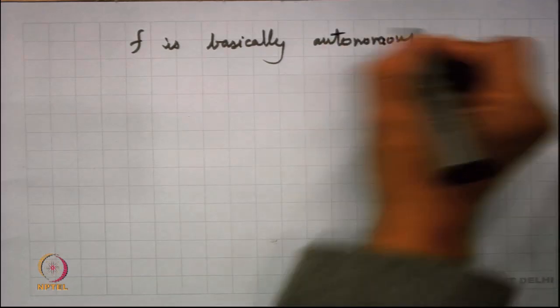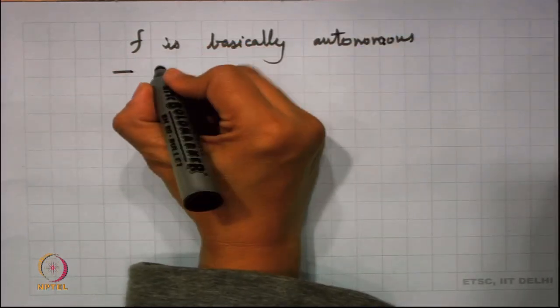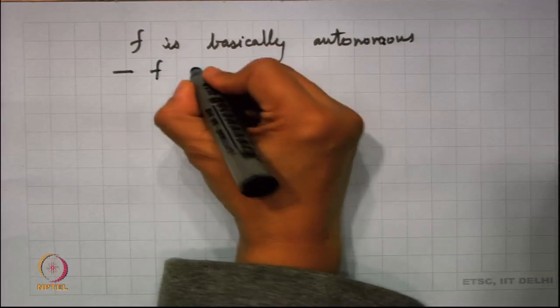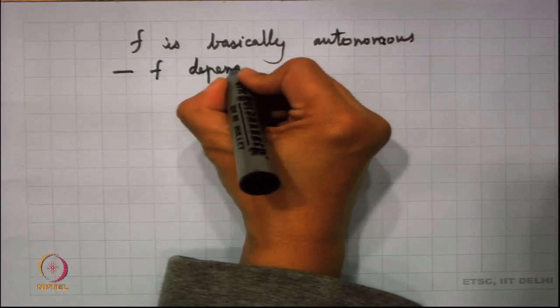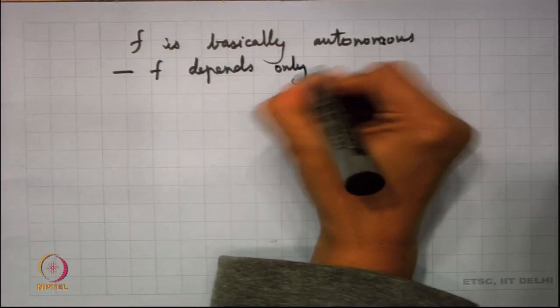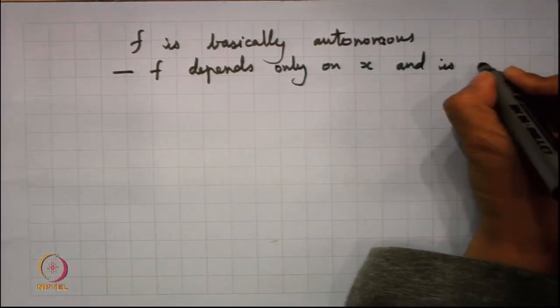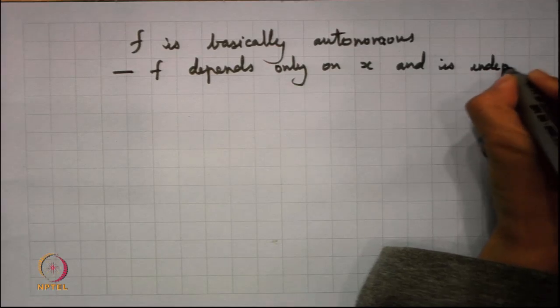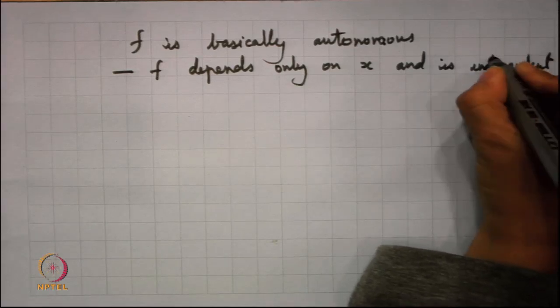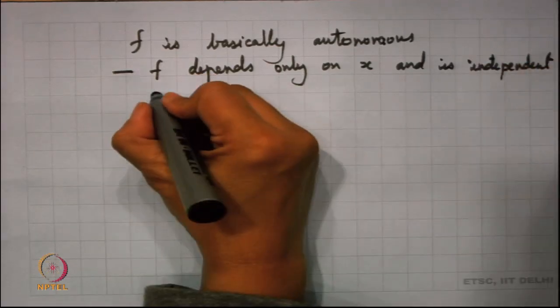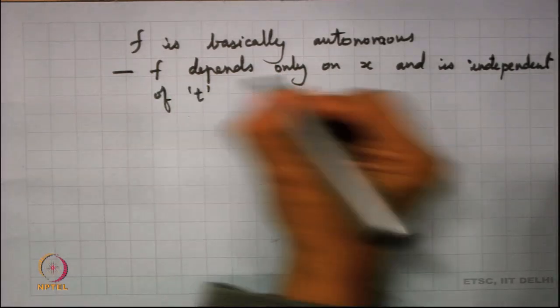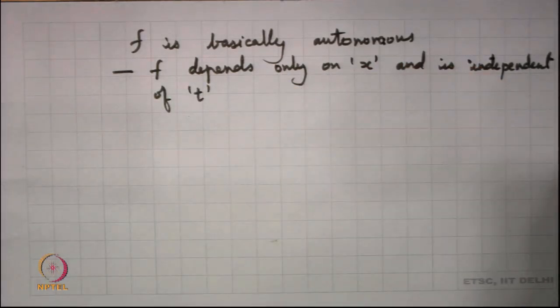What we mean by it being autonomous is that f depends only on x and is independent of t. So it depends on your variable x and it is independent of t.